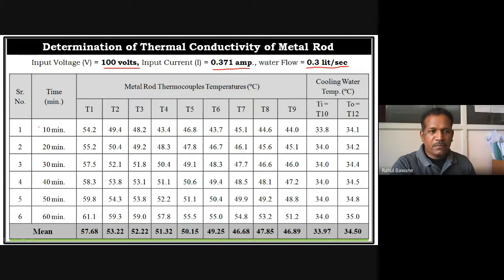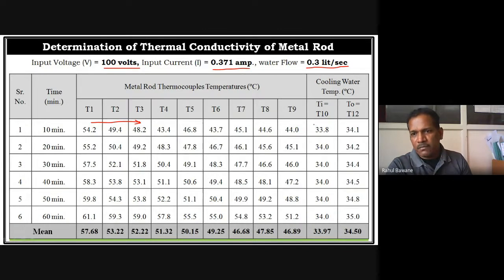Then after the waiting period of 30 minutes, I noted down the first reading, that is the 10-minute reading. So temperatures T1, T2, T3, T4, T5, T9. We can observe that from T1 to T9 the temperature trend is decreasing, as our thermocouple is farther away from the heating. So definitely the temperature will be reduced.